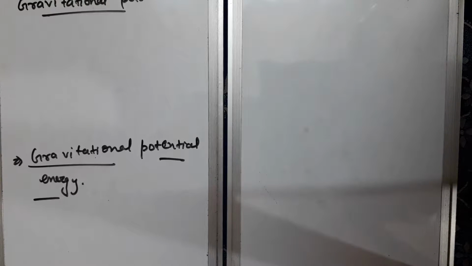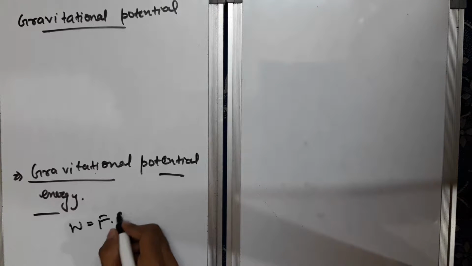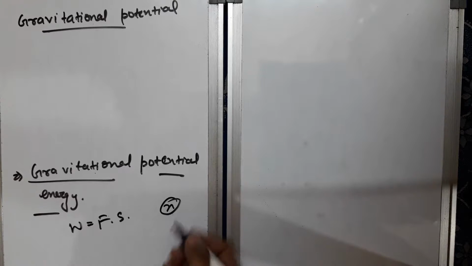Before I teach you gravitational potential, I am going to teach you what gravitation potential energy is. We derive how work is expressed in terms of gravity. We know that work is F dot S, where F is force and S is displacement. I am taking the displacement as x in this solution.